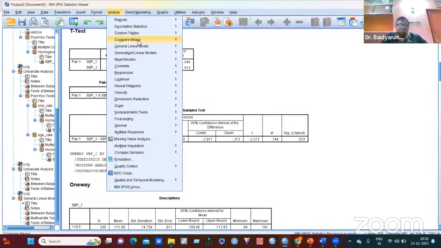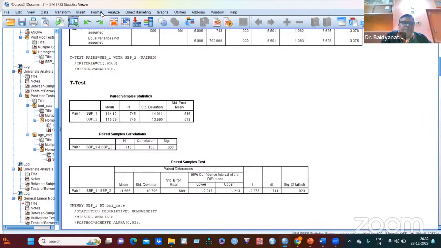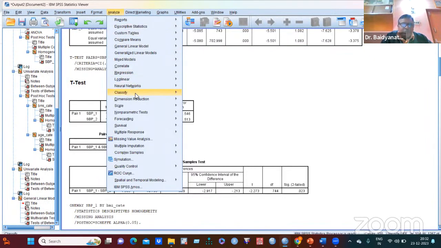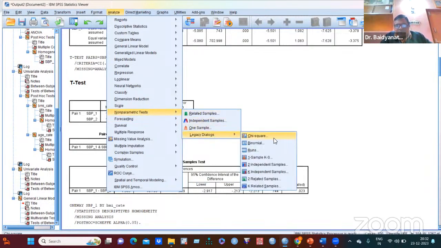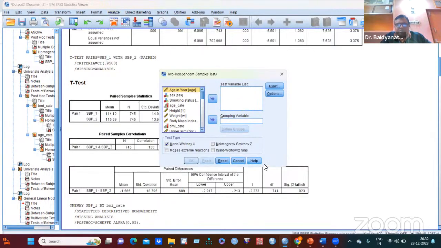Here, analyze, non-parametric, legacy, first the alternative to the independent t-test. This is the Mann Whitney test.